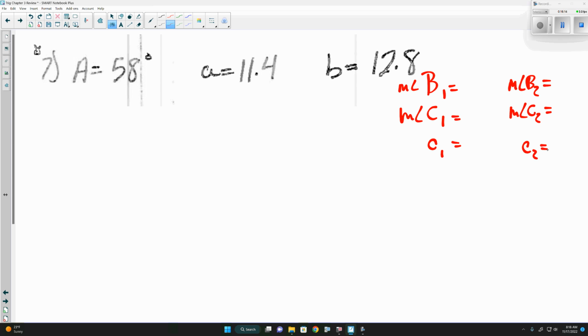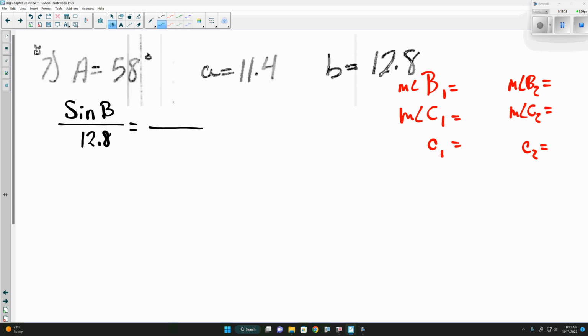So we're going to have 6 different values because it makes 2 separate triangles. Now to find the missing angle, we're going to have to find sine of B first, because the only side they gave us besides A was B, so we have to find angle B first.